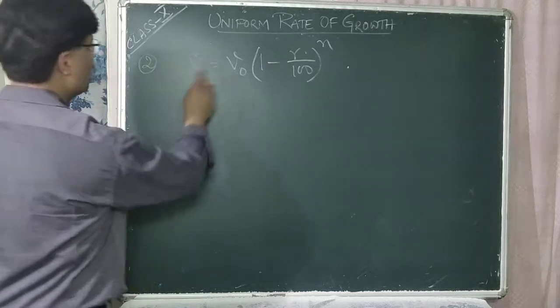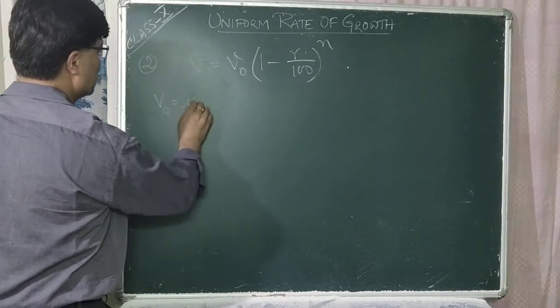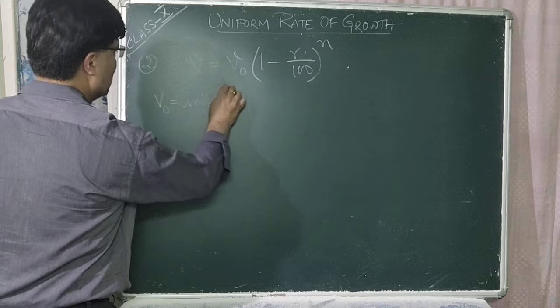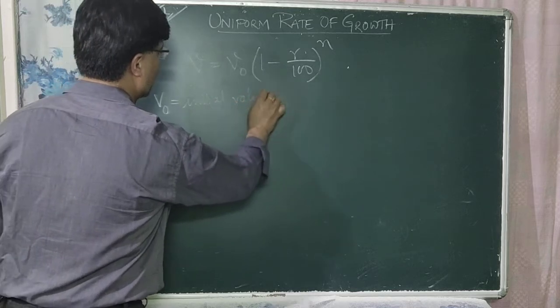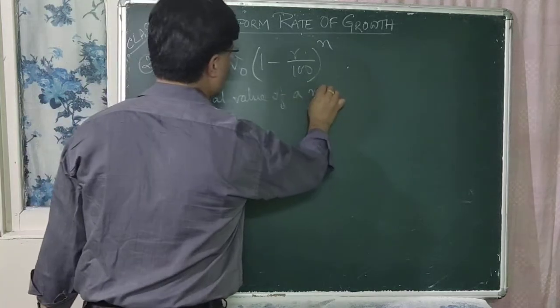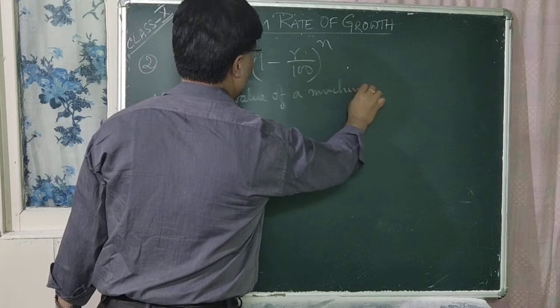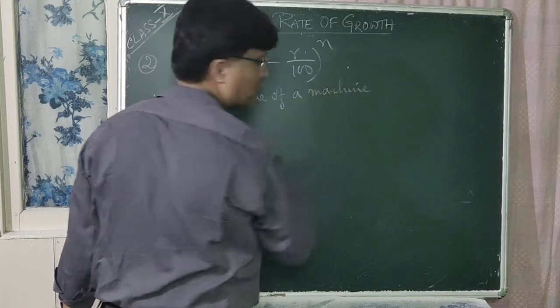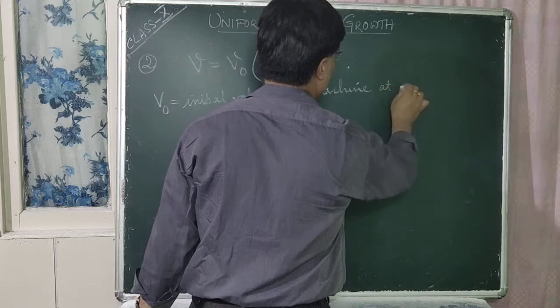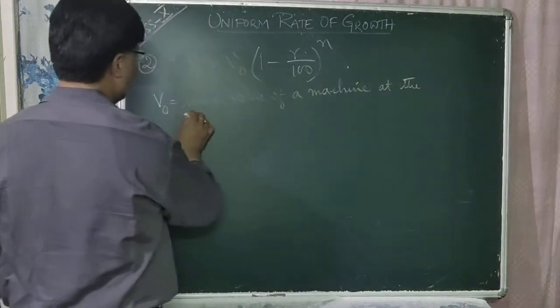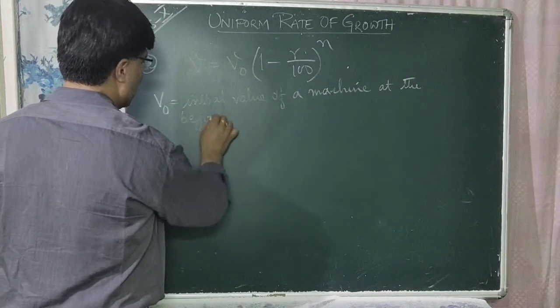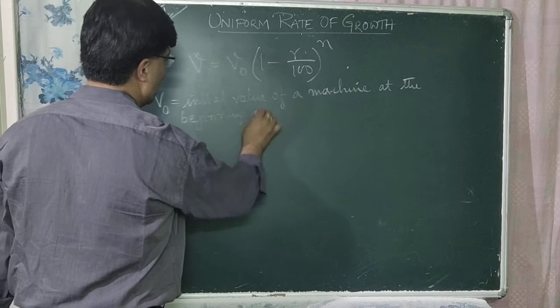Okay? So what is V0 here? V0 is equal to initial value of a machine at the beginning of a year.